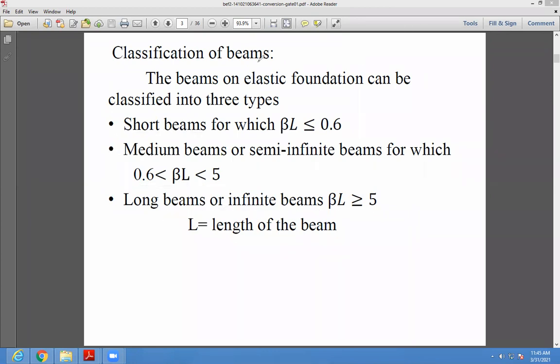Remember this classification of beams on elastic foundation: short beam, medium or semi-infinite beam, and long or infinite beam.